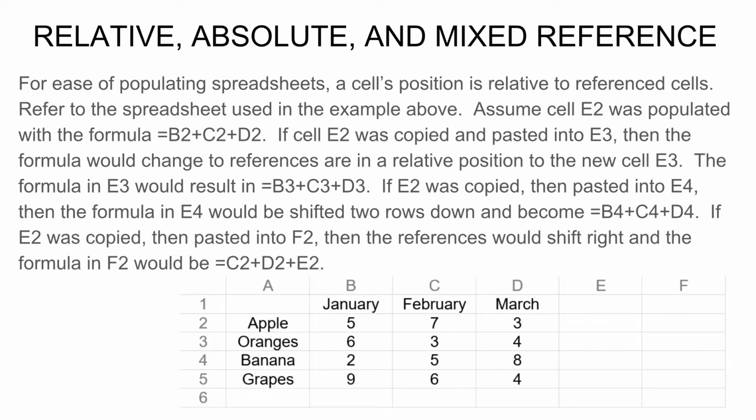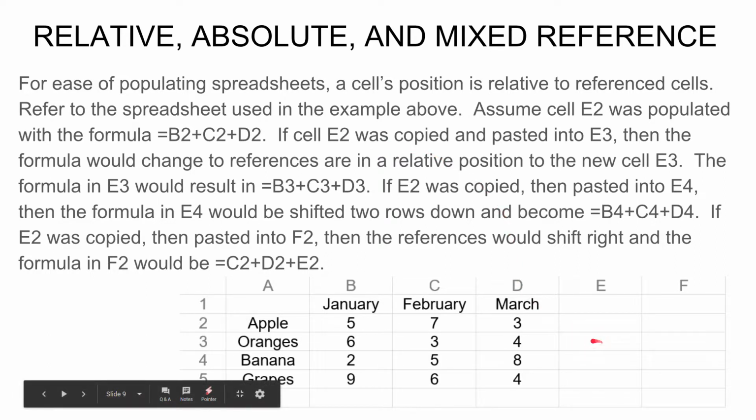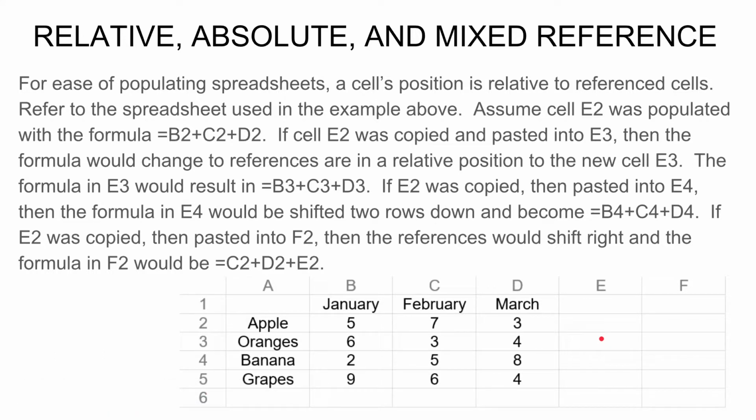So I think it's best to just go through some examples of this. So assume cell E2 was populated with the formula B2, C2, and D2, the summation of them. If this cell was copied to E3, then we're going to move each item relative to the previous cell.